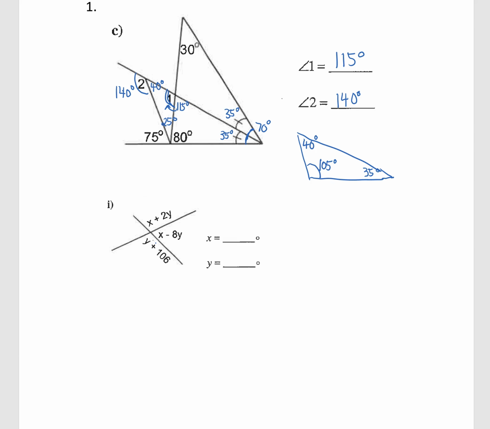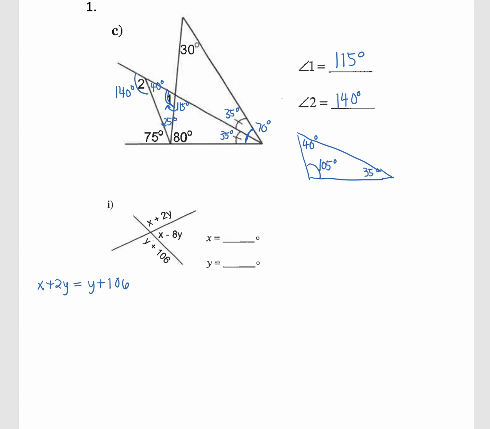So one equation we can come up with is that this angle, x plus 2y, has to equal this angle, y plus 106.